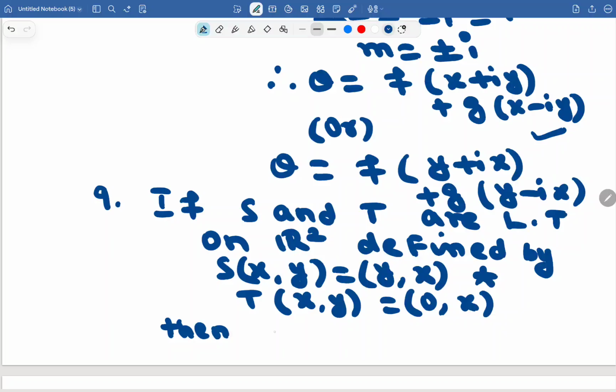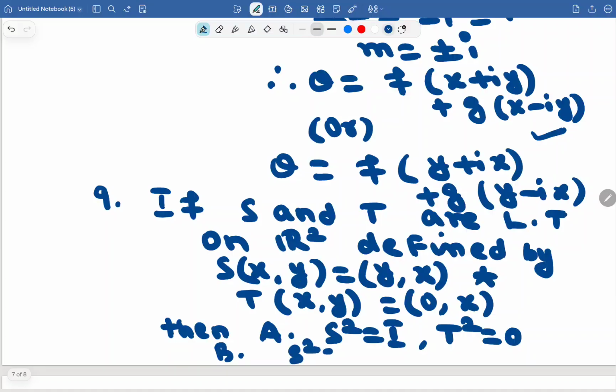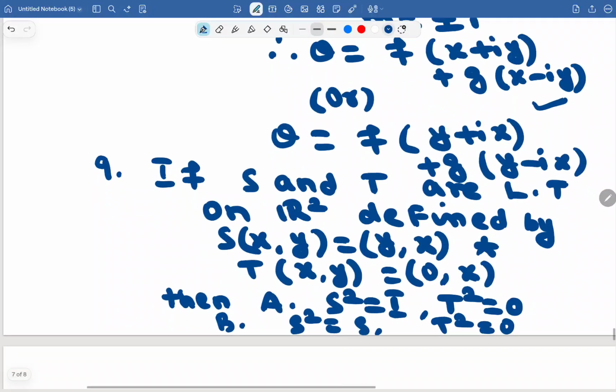first option, S square equal to I, T square equal to 0. Option B, S square equal to S, T square equal to 0.